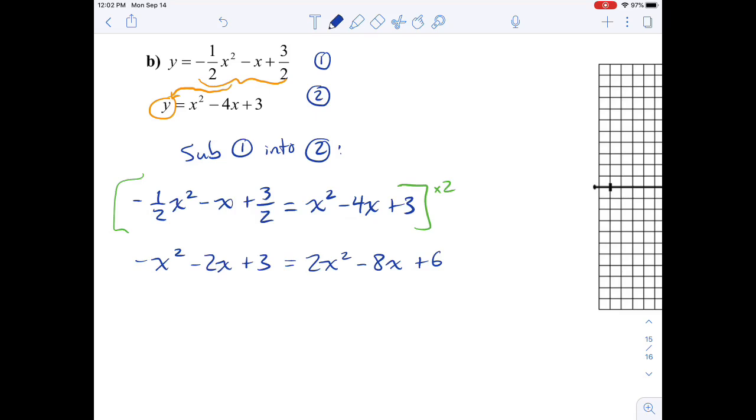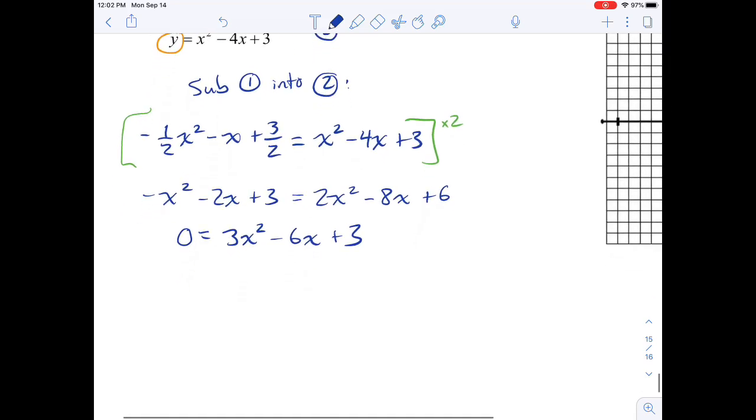Then I'm going to move everything over to the right side. And first off, before I even think about doing quadratic formula, I need to see if this factors. And even before I think about doing any kind of trinomial factoring, I should see if it common factors.